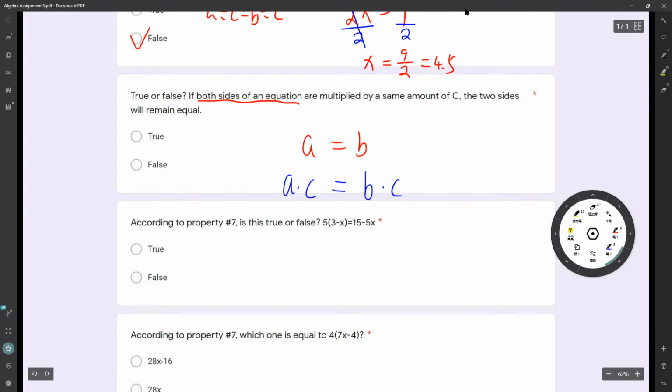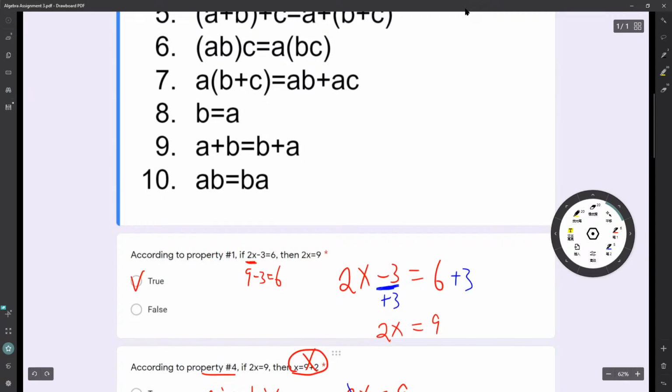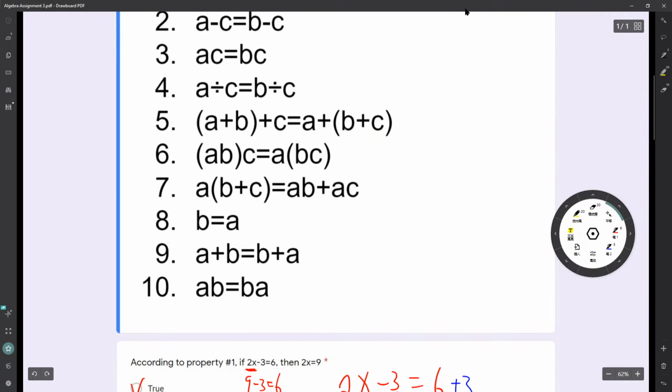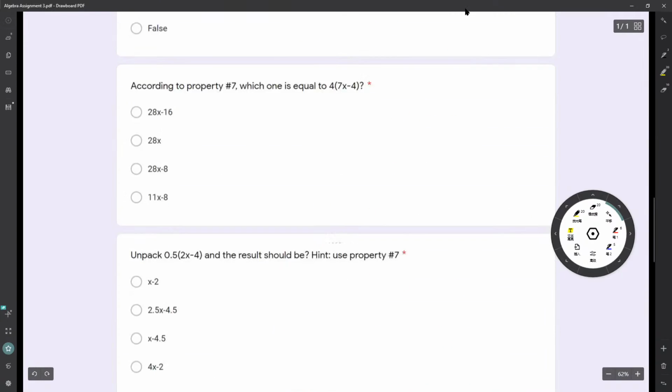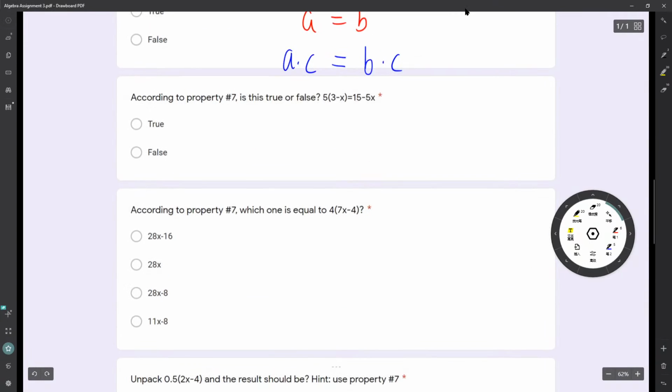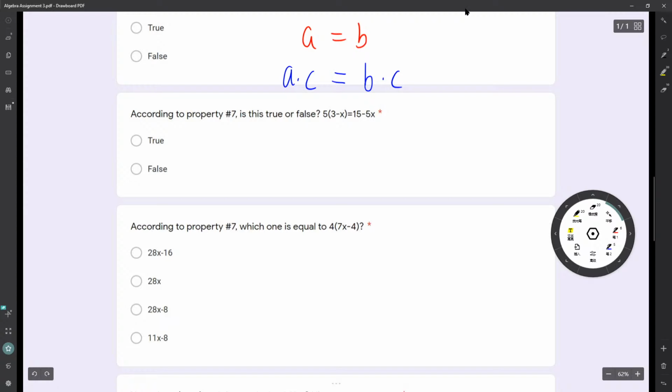That's according to property number 3. You can imagine that you have a marker and a pencil. A marker is the same price as a pencil. Then two markers will cost the same price as two pencils, right?